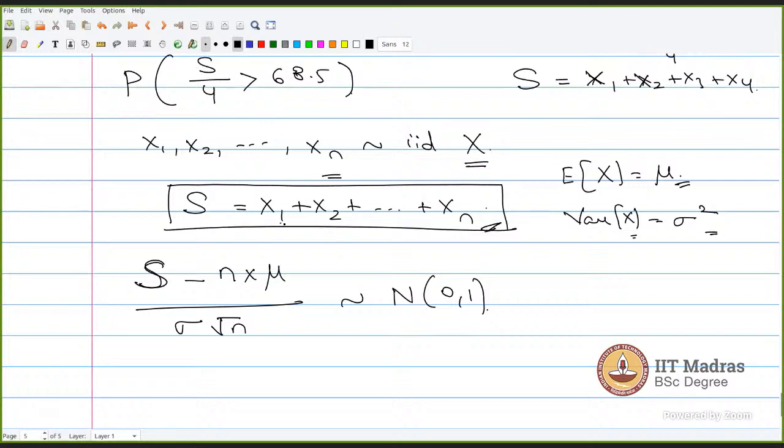When you know x1 plus x2 plus up to xn as S, then S minus n times mu by sigma root n follows normal 0, 1. So we have to bring the existing distribution to this N(0,1). This sum of n random variables is also a random variable S, and S minus n times mu by sigma root n following normal 0, 1 is what the CLT tells us.